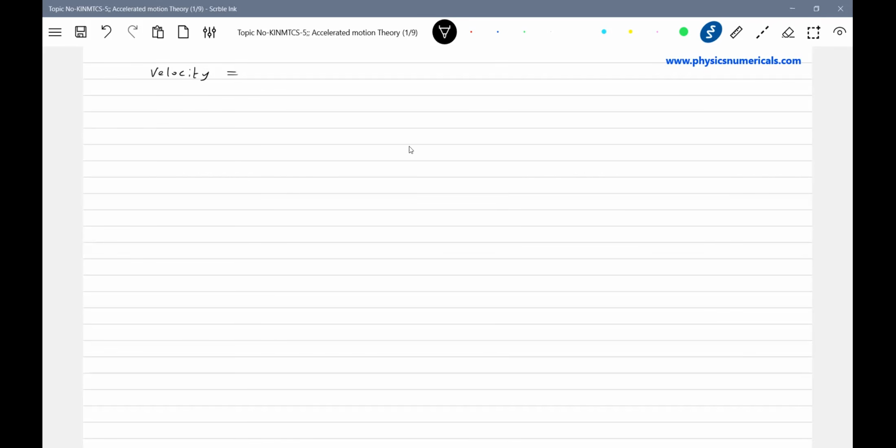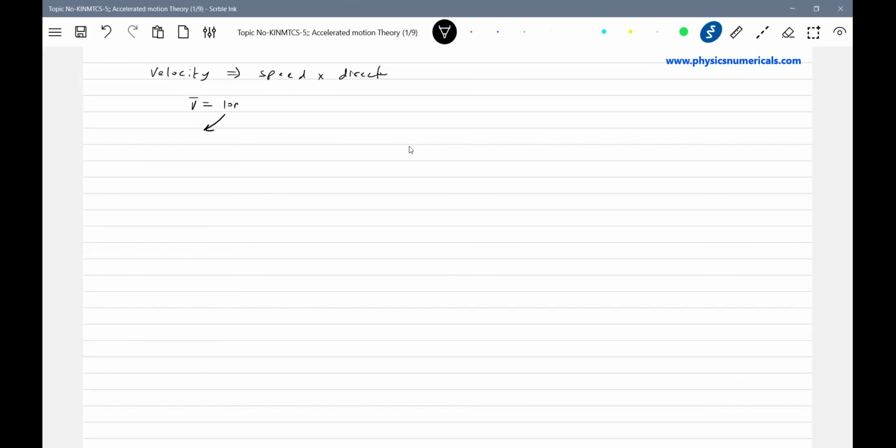It contains both speed as well as direction. Suppose you write V bar equal to 10 i cap meter per second. What is this 10? 10 is a speed. i cap is a direction.